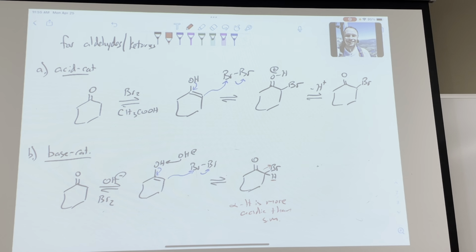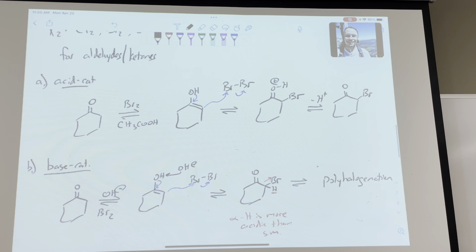And so what ends up happening when you do this in base is it's hard to control. You tend to start getting multiple halogens added. So because of that, if you're going to try to just make an alpha halocarbonyl, you never do it in base.